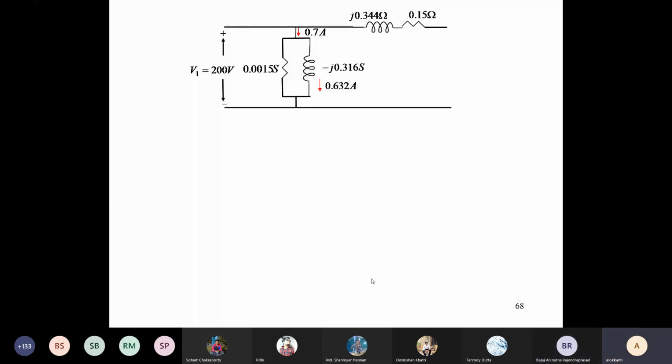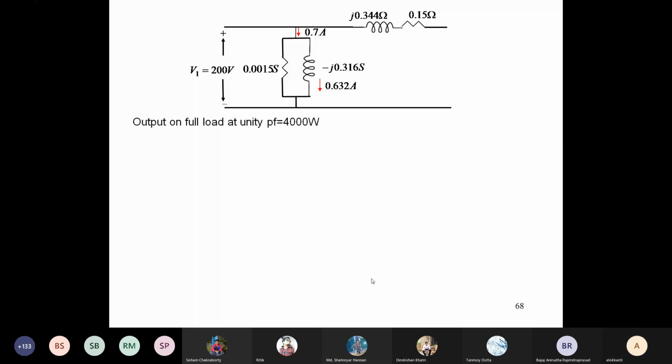I found this example somewhere, and I'm directly taking it from there, but in many other places you will find this form. Ultimately it is the same parameter. Whether you call it resistance in ohm or mho, it is basically the same element being referred. Similarly the coil, similarly the reactance.